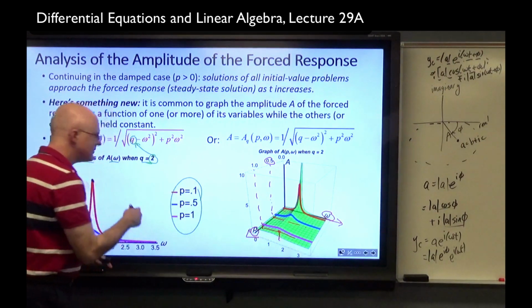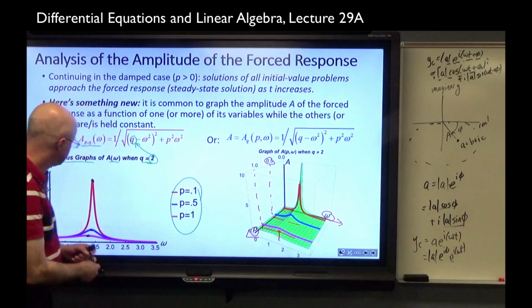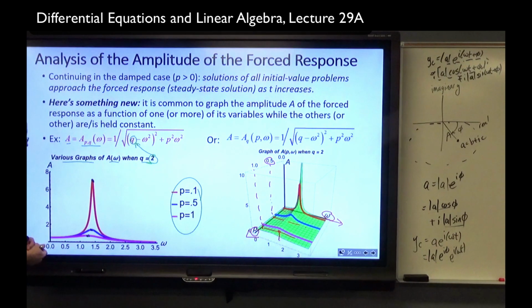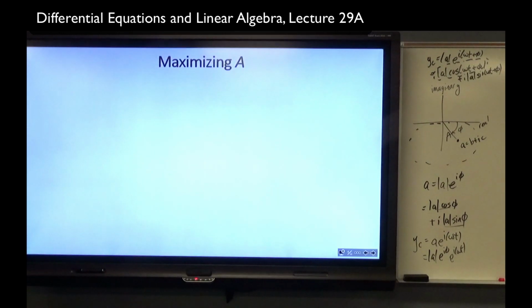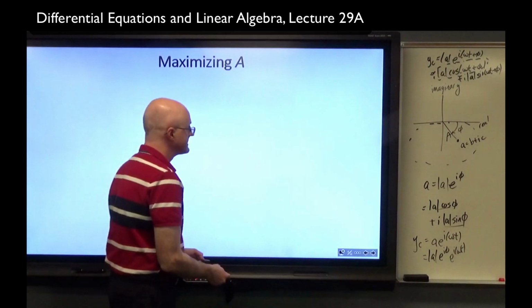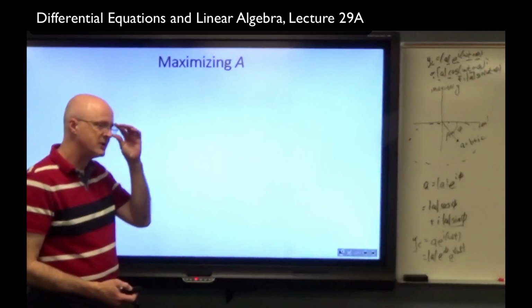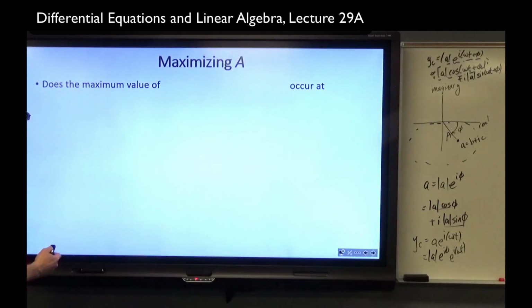You might wonder, do these graphs always have a peak as p increases? And you might guess, because of the behavior here, that maybe they don't. Let's go ahead and use some calculus to try to maximize a as a function of omega. Does the maximum value of a of omega occur, for example, at omega equals square root of q?